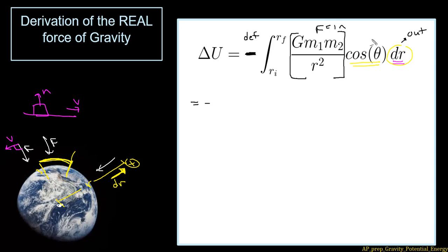So I got the minus sign from the definition. I can pull out everything that's constant. I have this additional -1 because the cosine of 180 is -1. So I have another -1. And then I've got dr over r squared from r initial to r final.